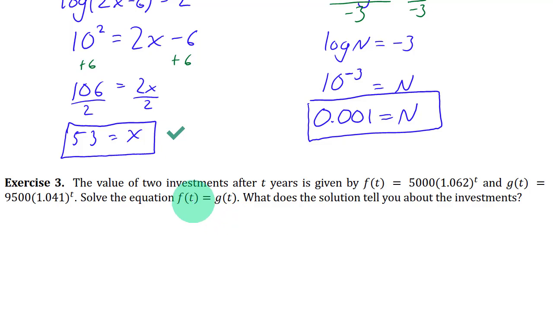So that means find the value of t that makes these two things equal. So I'm going to write that as 5,000 times 1.062 to the power t. That's the f of t is equal to that. And then the g of t is equal to the other part.